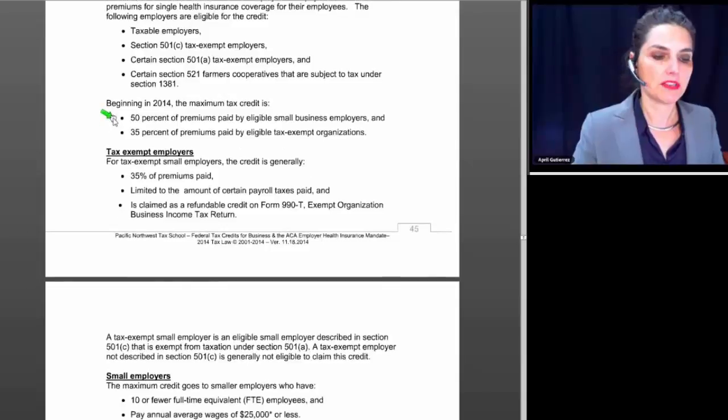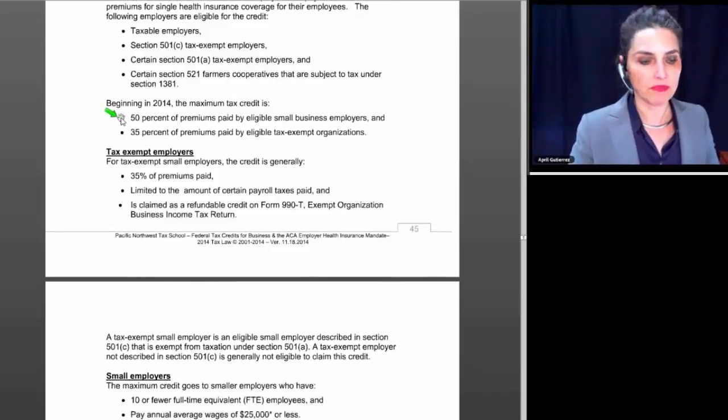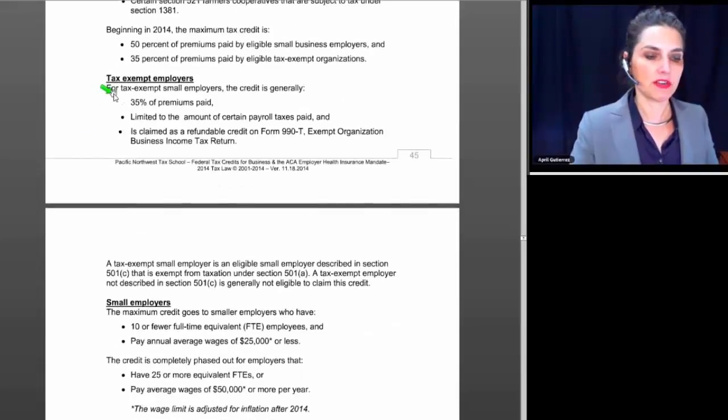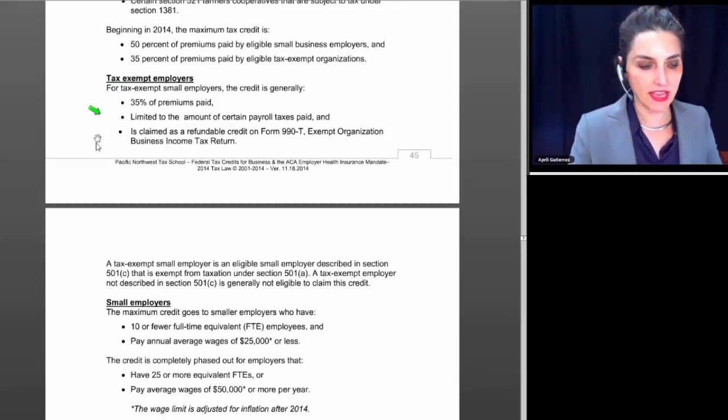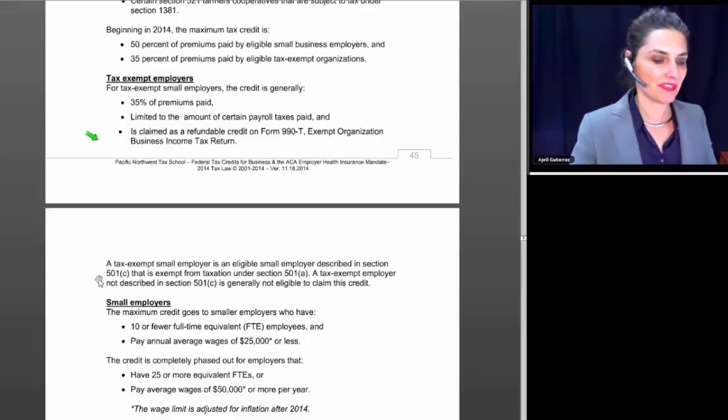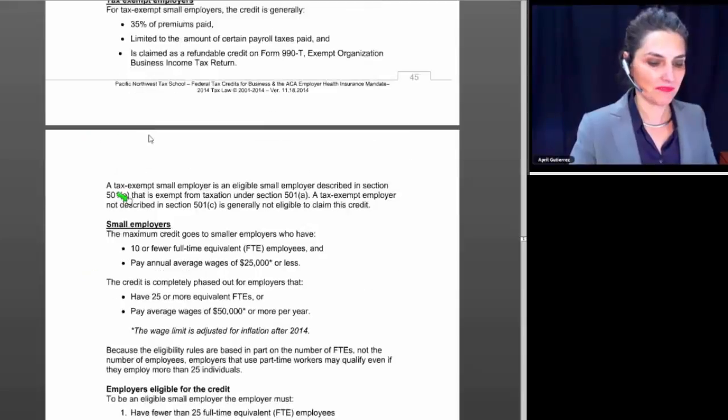Then beginning in 2014, the maximum credit is 50% of the premiums paid by eligible small business employers and 35% of the premiums paid by eligible tax-exempt employers. For tax-exempt employers, the credit is generally 35% of the premiums paid. It is limited to the amount of certain payroll taxes paid and is claimed as a refundable credit on Form 990-T for exempt organization business income tax return.